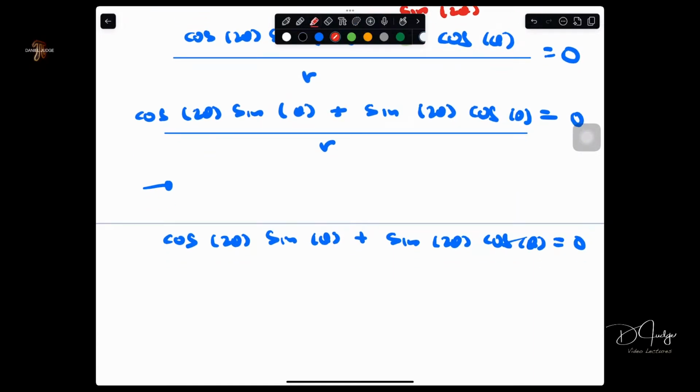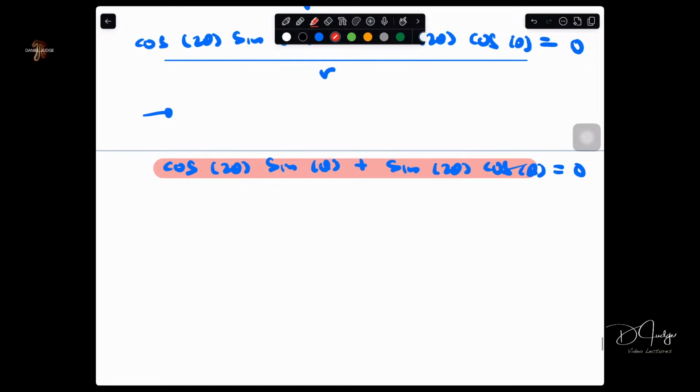Okay. What you now see here is, if you recall your sum and difference formulas, where you have cosine double theta sine theta plus sine double theta cosine theta, okay, this becomes, I believe, sine 3 theta will be 0.